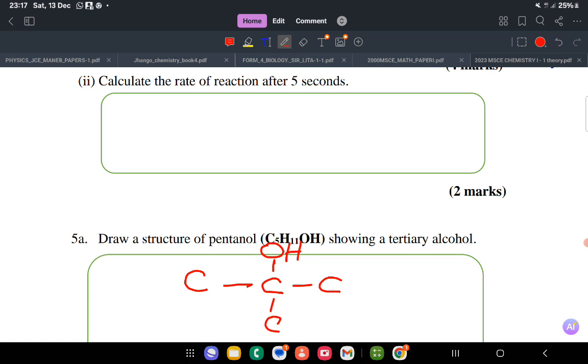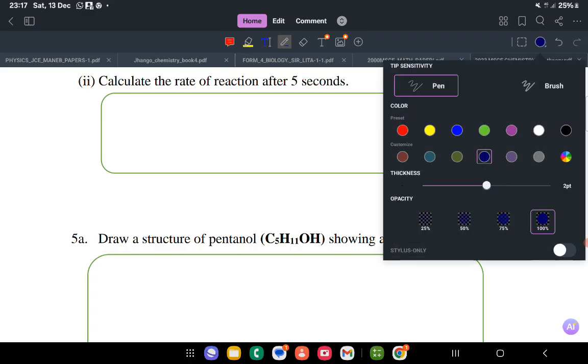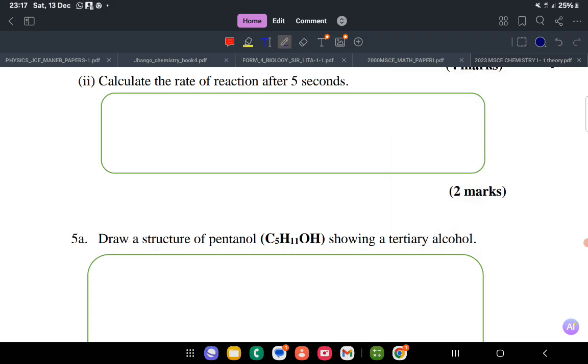The OH group is attached. Let me do this. Yeah, so we are saying that our tertiary alcohol, remember that the tertiary alcohol has the OH which is attached to a carbon atom which is also attached to three other carbon atoms, like that.